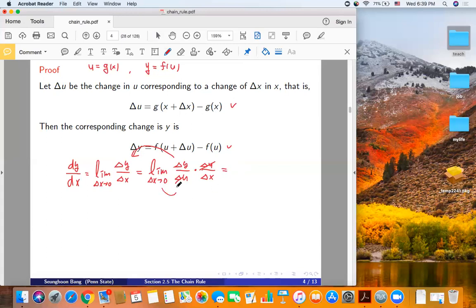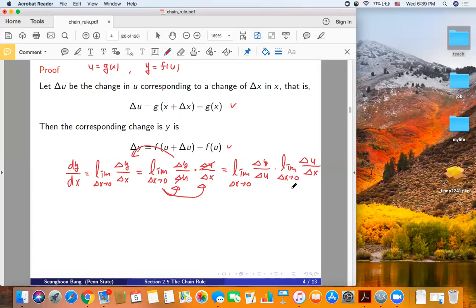The next step, distribute the limit. This is the same as the limit as delta x approaches 0 of delta y over delta u times the limit of delta u over delta x.